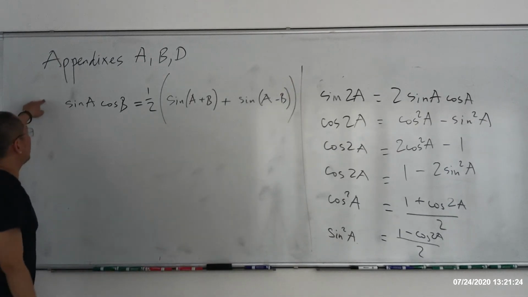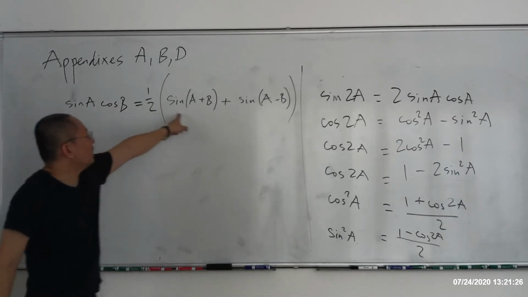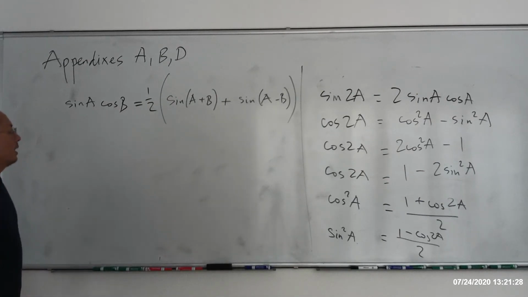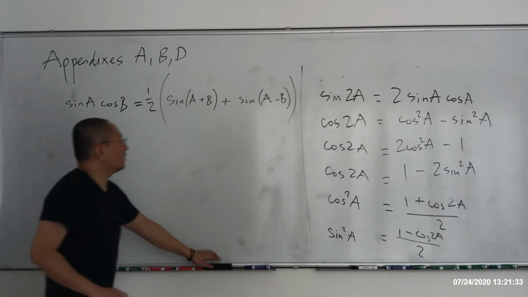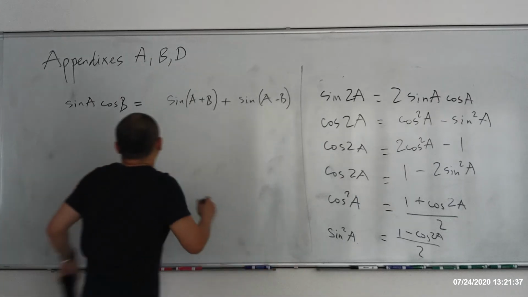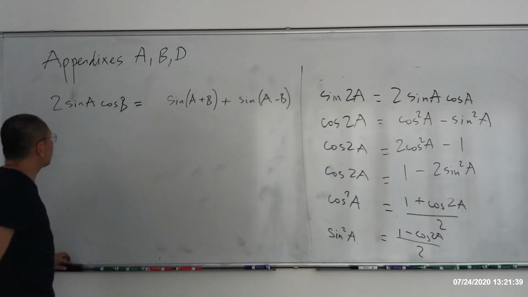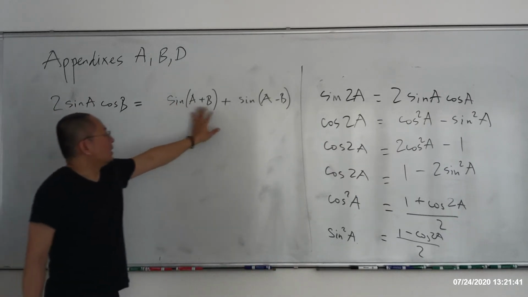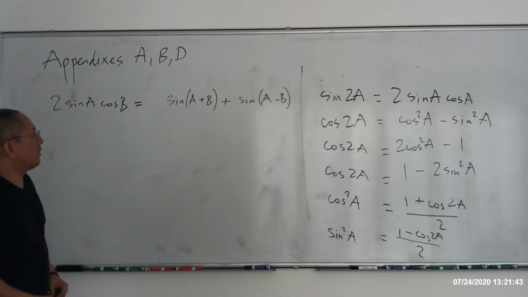Usually I bring a 2 in here. 2 times sine A cosine B equals sine of A plus B plus sine of A minus B. The book writes it this way. To make it easier, I'll write a 2 right here: 2 times sine A cosine B equal to sine of A plus B plus sine of A minus B.